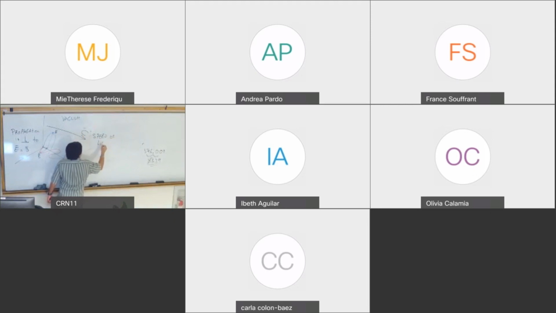The speed of light is not infinite, it's large, but it's a constant. We round it to 3 times 10 to the 8 meters per second.